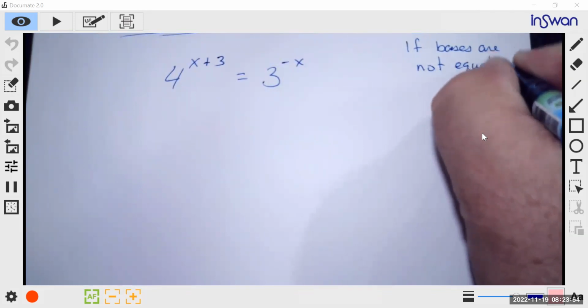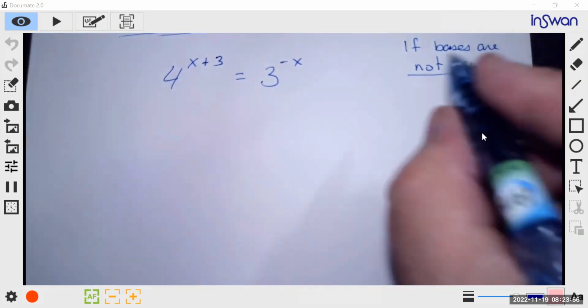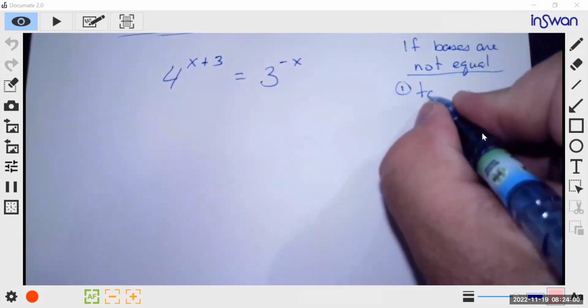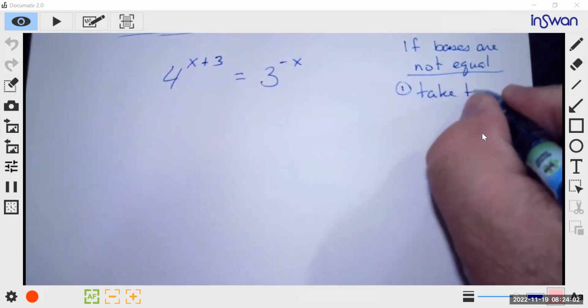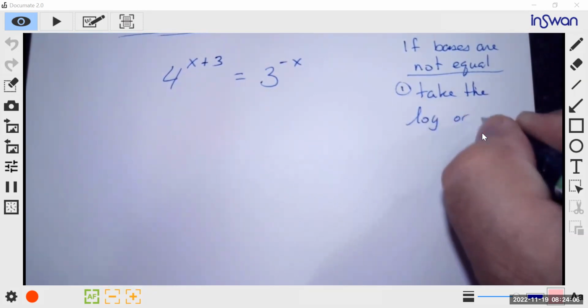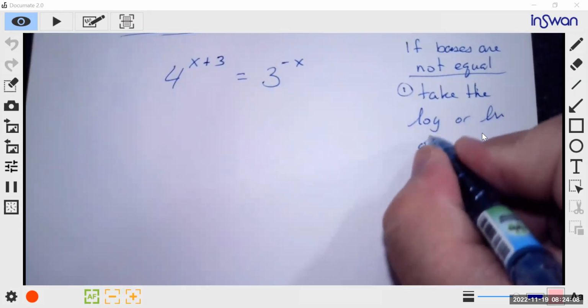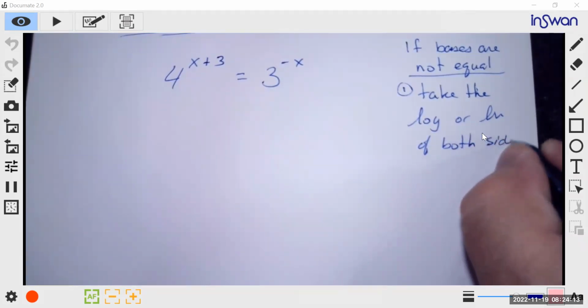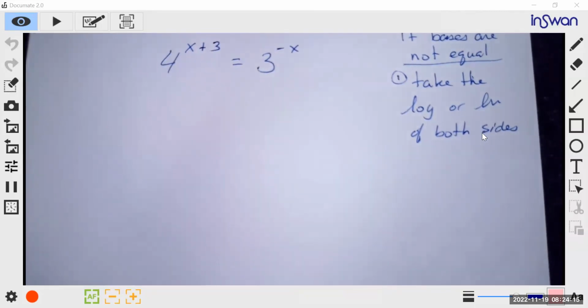If bases are not equal, take the log or natural log of both sides. Basically it says you can take the log of any number you want to.